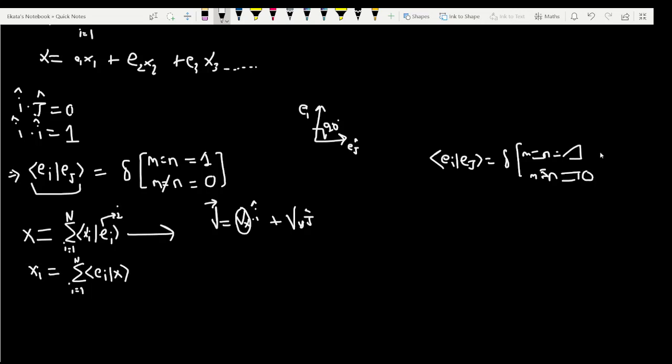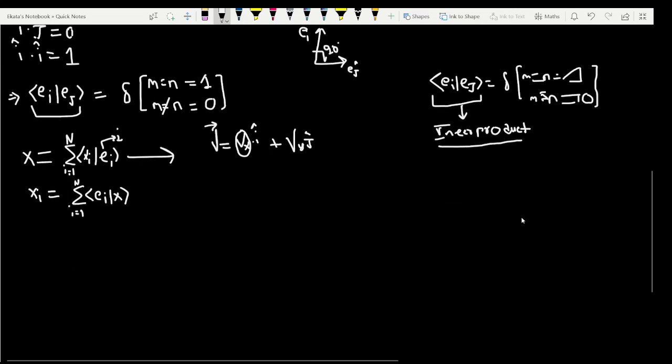So just like the scalar product in one, two or three-dimensional vectors, in an n-dimensional vector space the scalar product is known as the inner product.